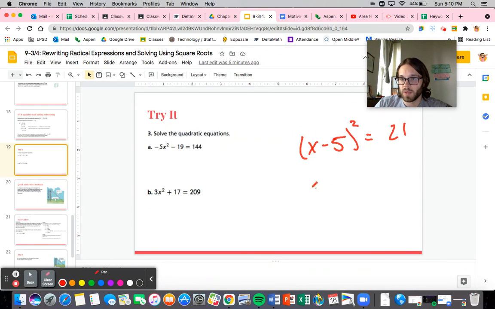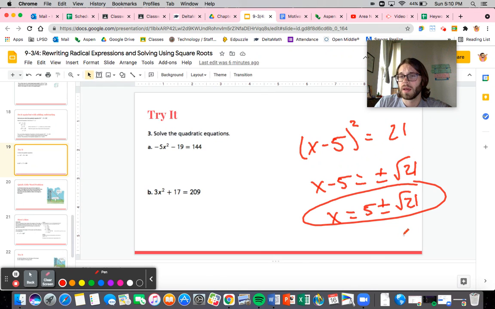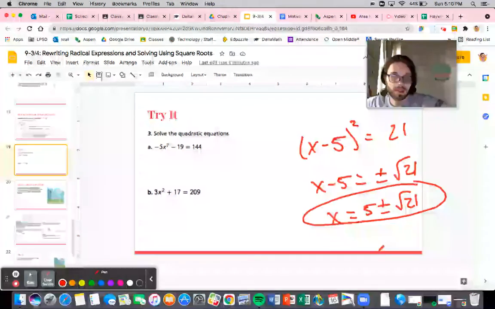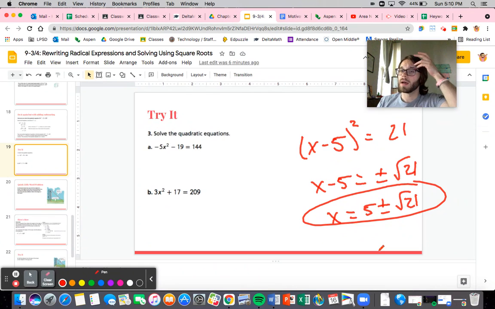If you take the square root of both sides, you get x minus 5 equals plus or minus root 21. So you get x equals 5 plus or minus the square root of 21, and this would actually be your answer. I do just want to give you a quick heads up about that because that's almost a precursor into what's going to be coming next. I just wanted to have that on your radar.